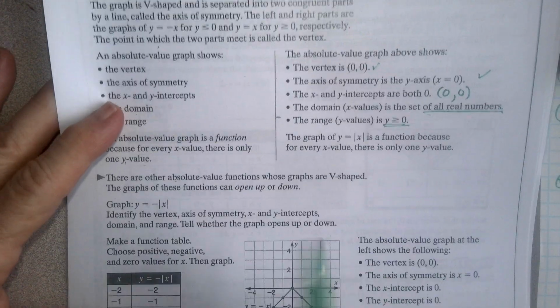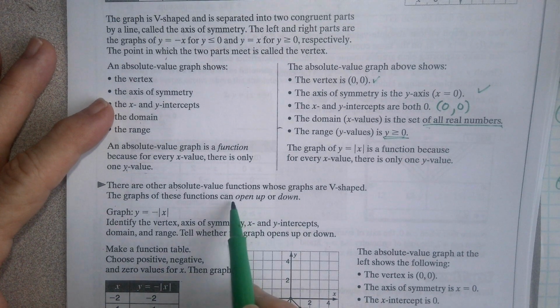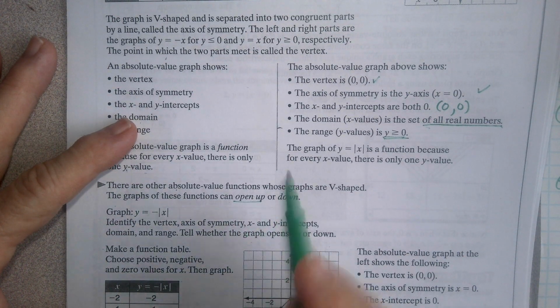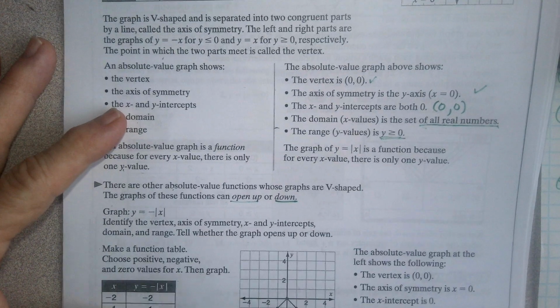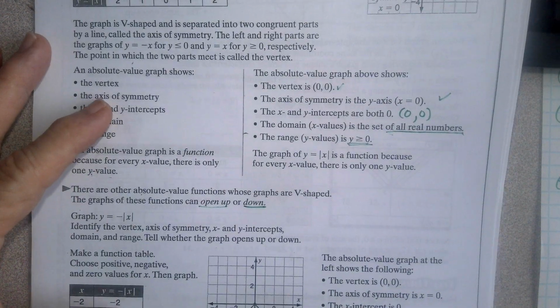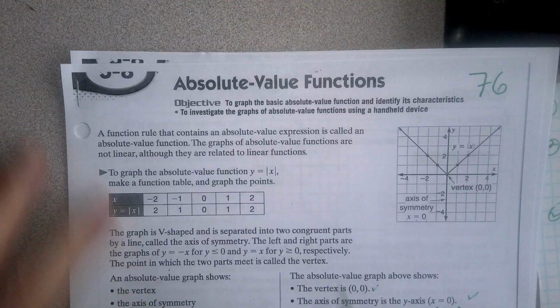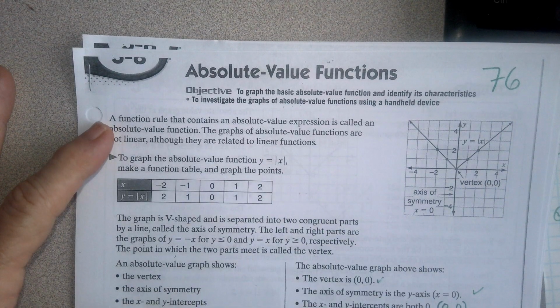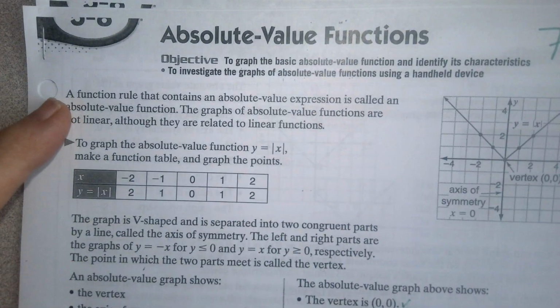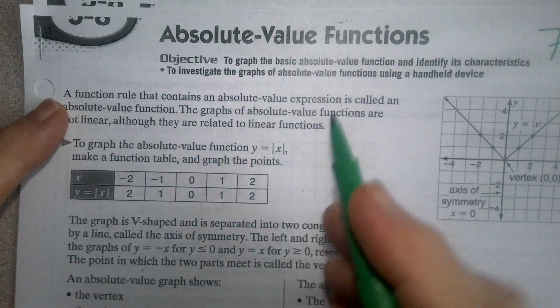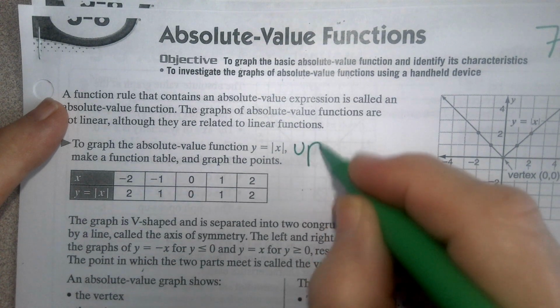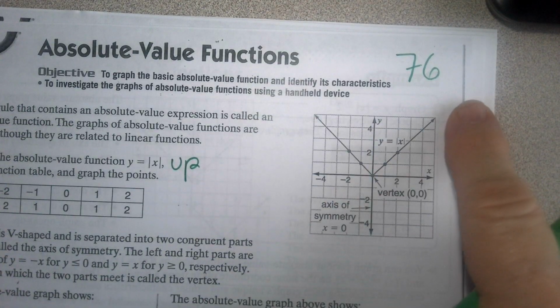Okay. So the other important thing is that you're going to see graphs that open up or open down. What is this one? Okay. This is an example where if it's a positive number in front of the absolute value, it will open up in this direction.